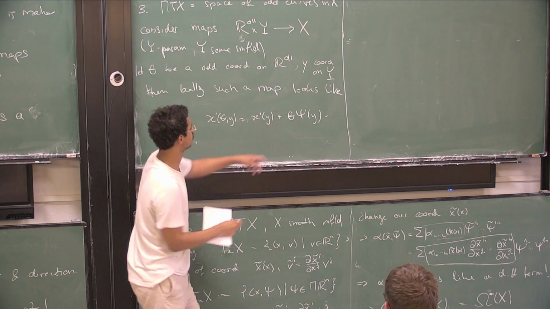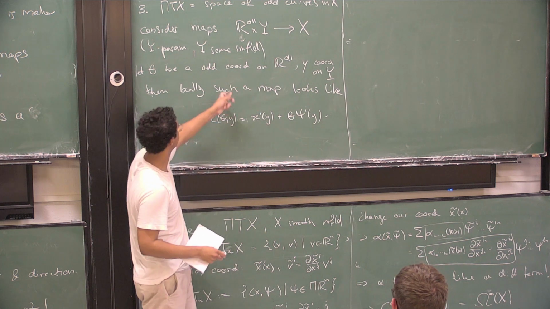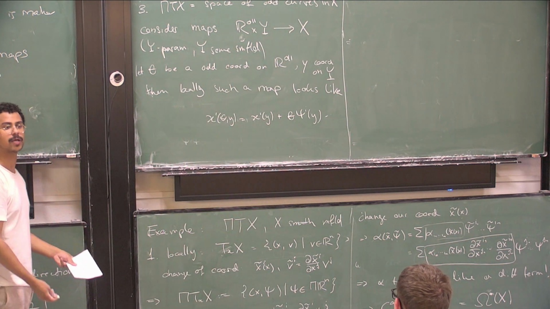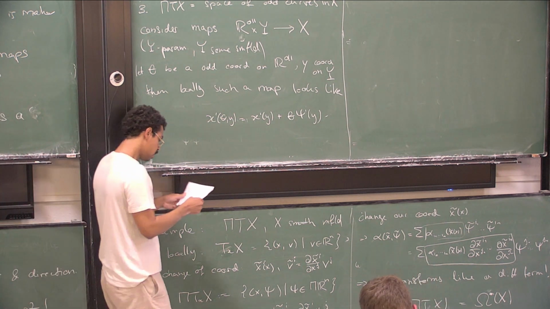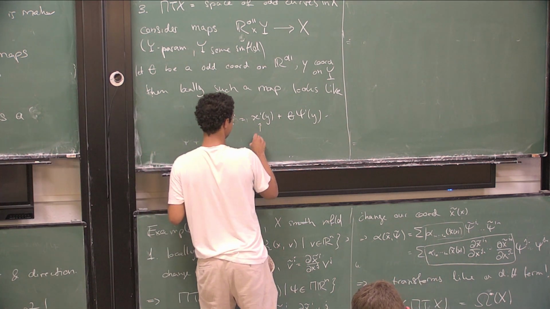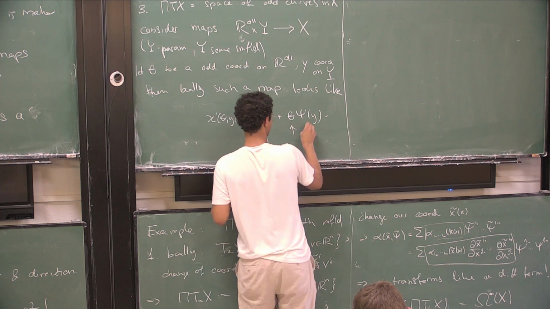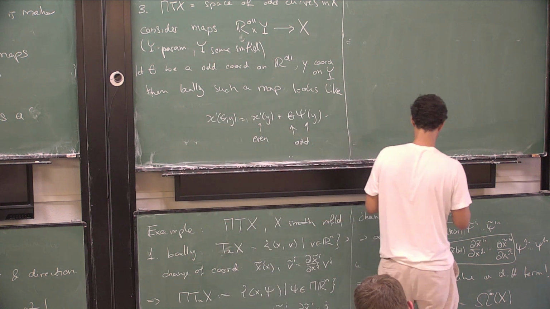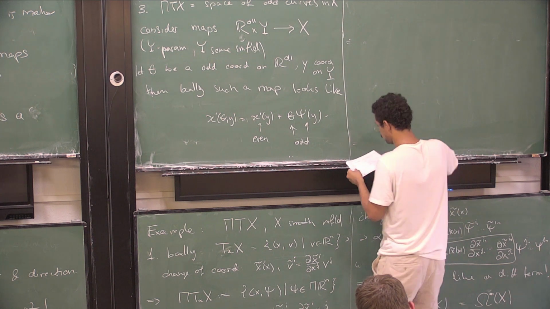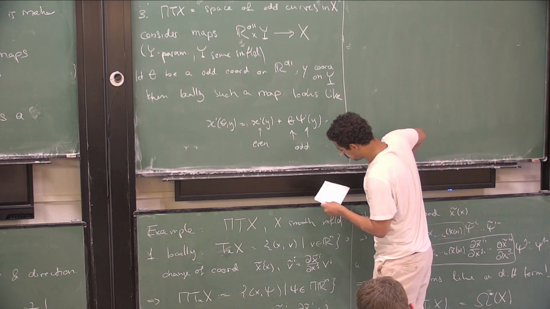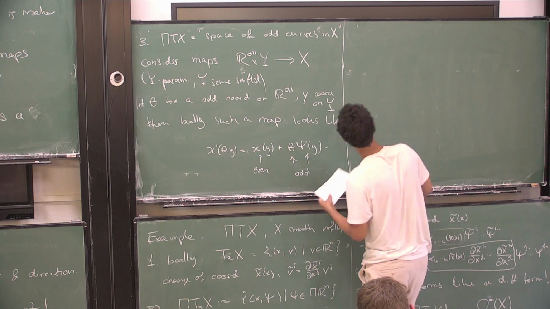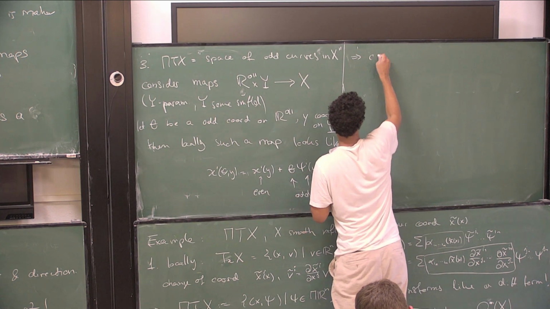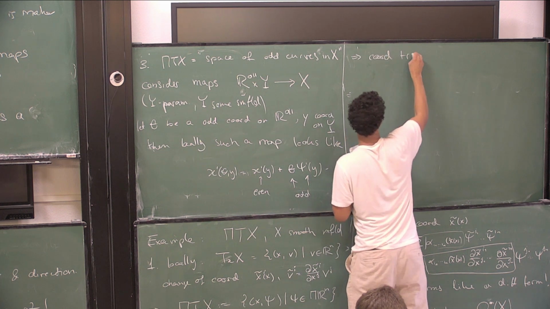This other odd part comes because you're now mapping out of Y as well and can have odd parts. Again, do a coordinate transformation.